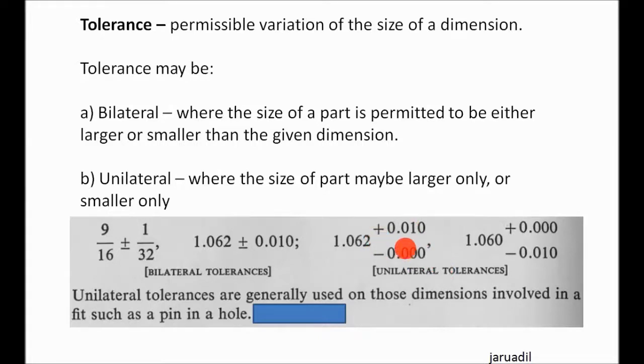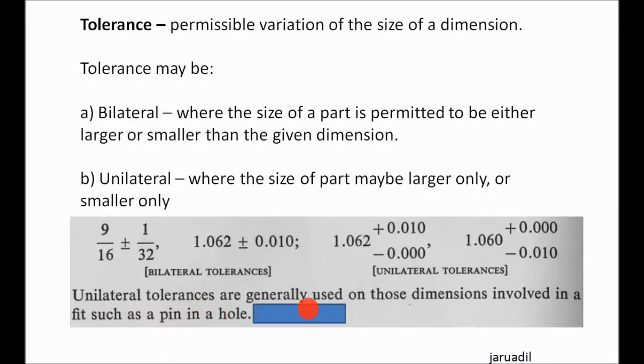So halimbawa dito 1.062 plus 0.010 of an inch. So pwede siyang lumaki at dito naman ay pwede rin siyang lumiit. So isa lang, one way. It's either pwede siyang lumaki or pwede rin siyang lumiit lang. Samantalang sa bilateral, plus or minus 0.010. Pwede siyang lumaki at pwede siyang lumiit sa 1.062 nominal size.